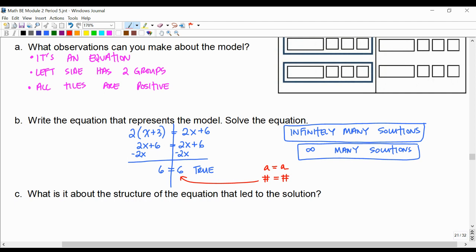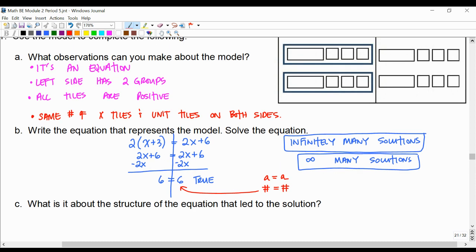All right, and so let's go back up and add one other bullet point. Which is that there's the same number of x tiles and unit tiles on both sides.